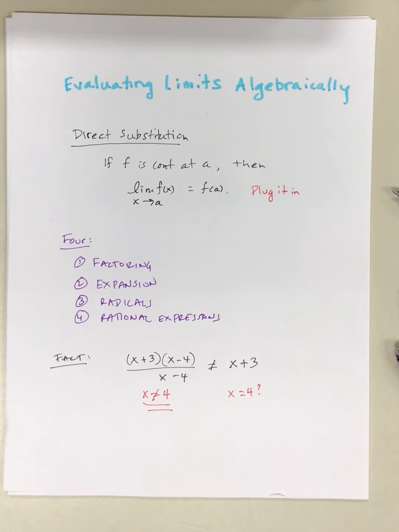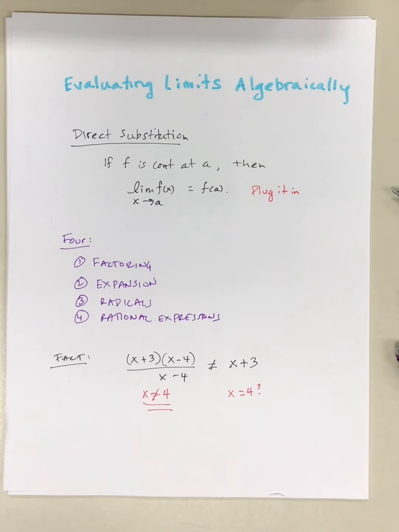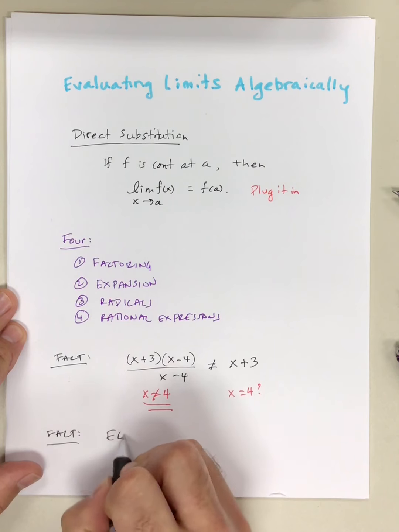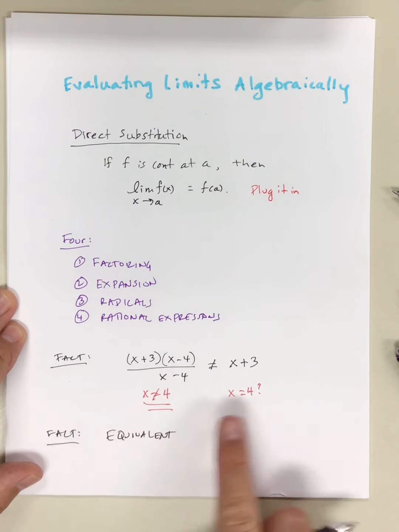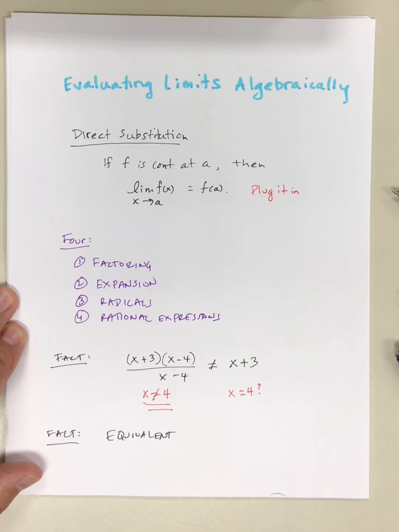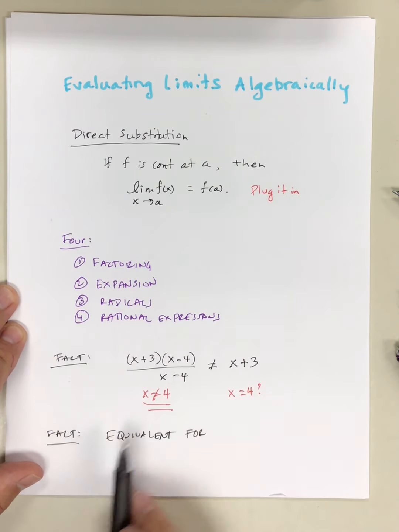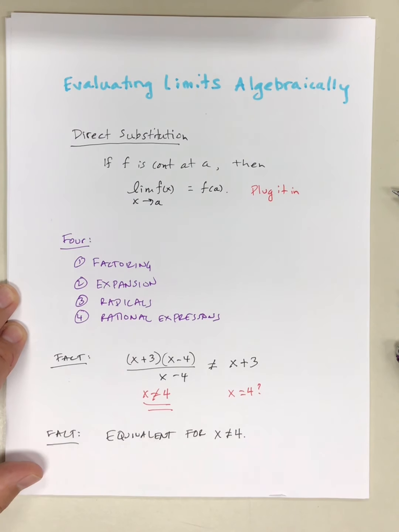So this is important for us because while these expressions are not equal, it is also a fact to say that they are equivalent as long as we don't use 4 as an input value. But for every other value, those two expressions do produce the same output. So we can express this fact as they are equivalent for all values of x except 4.